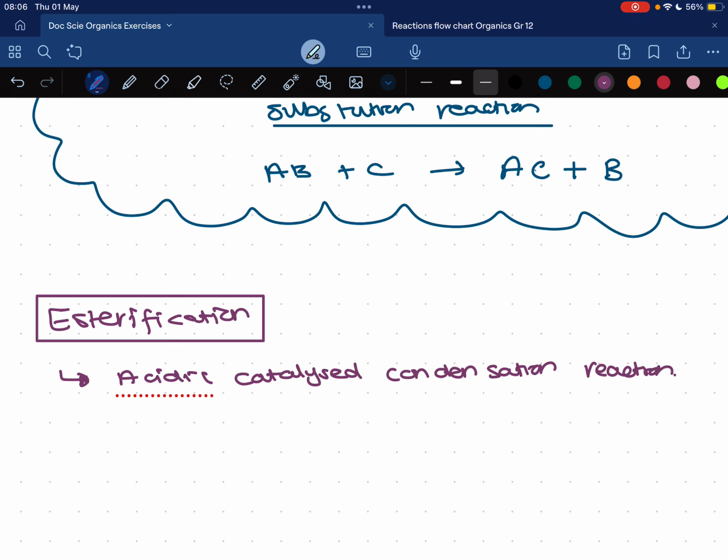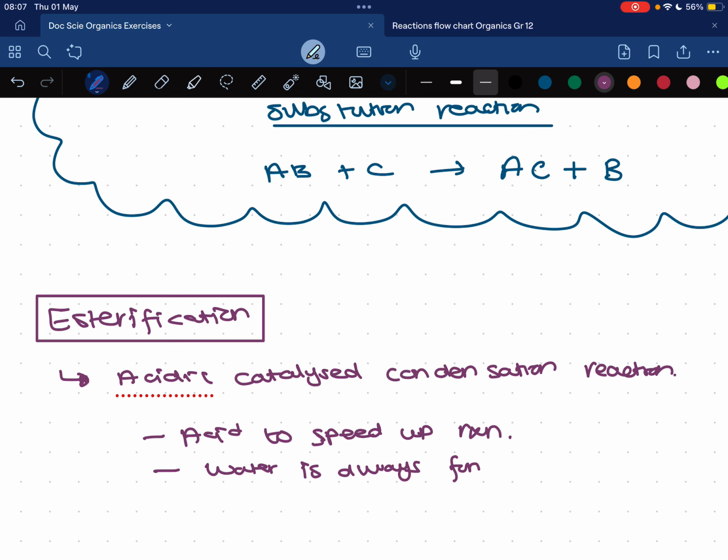So you need an acid to speed up the reaction. In this case, we'd probably use sulfuric acid to speed up the reaction, and we would know that water is always a product that is formed through esterification. So water is always formed.